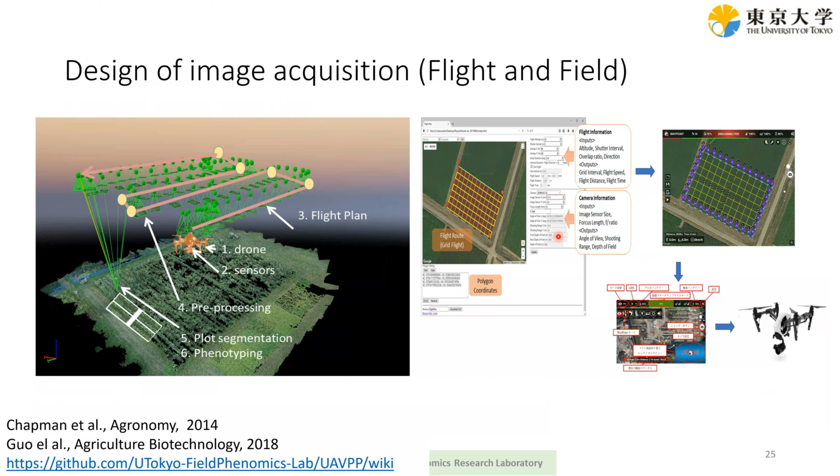Question from my colleague, actually, Gerrit Polder. Do you have any experience with other image modalities than RGB, for instance, multi or hyperspectral imaging? Oh, yes. Thank you for the question. At this moment, we also do the same processing for multispectral images, but we don't have any experience at this moment with hyperspectral images.